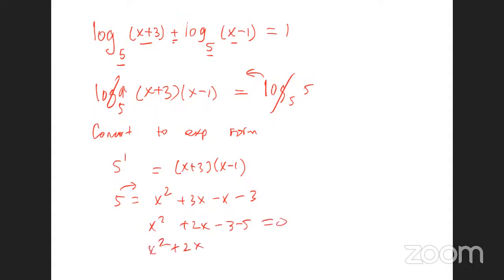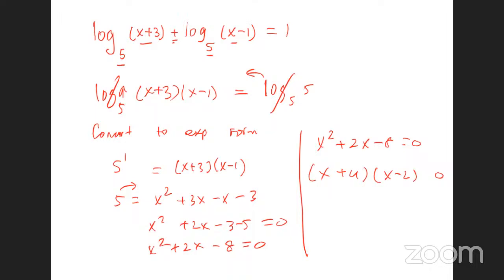X squared plus 2x minus 8 is 0. So that'll be x plus 4, x minus 2. So your solutions are x is minus 4 and 2.